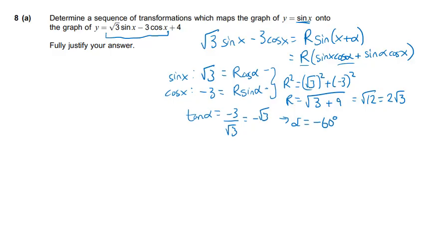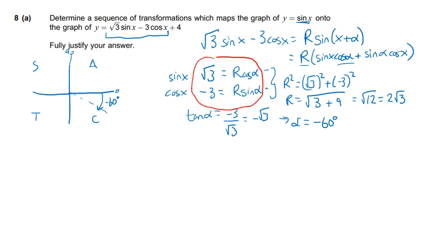Now what we just need to check here before we go further is, are we in the right quadrant with that angle? Minus 60 would be down here. I'm just going to draw a CAST diagram. The CAST diagram tells us which of the trig functions are positive in each quadrant. So if we go back to this bit here, this tells us the second part. We know r is always a positive number.